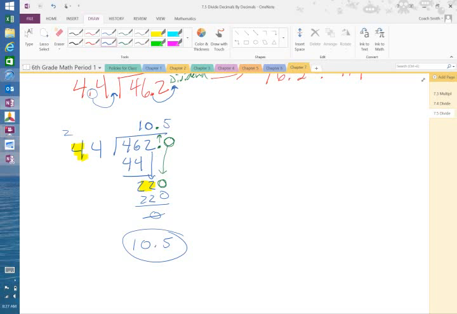Okay. Now, what if we had this problem? 2.6 divided by 0.32. Okay. 2.6 divided by 0.32.